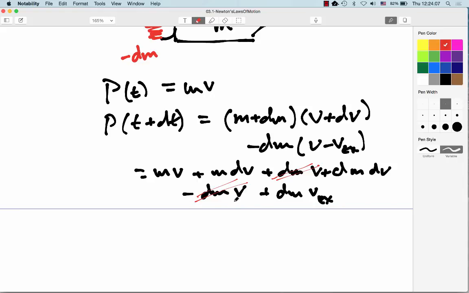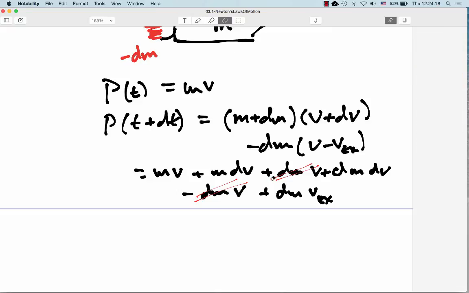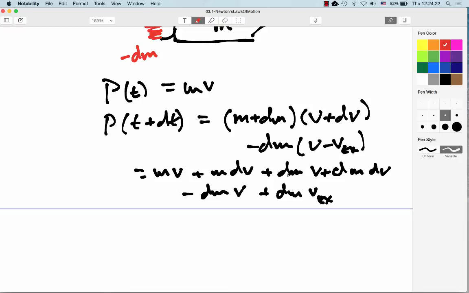Okay, the other little cheat, the other things we can look at here is we can observe. Actually, let's cancel those a little more authoritatively. Much better. We can also observe that this mv is just our p at time t. And come on, multiplying two differentials by each other, that's approximately 0.